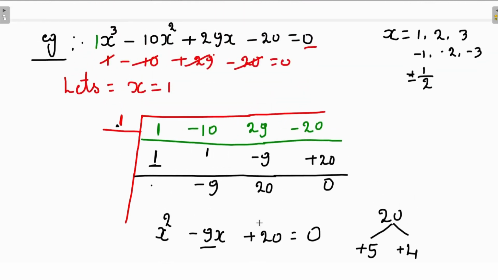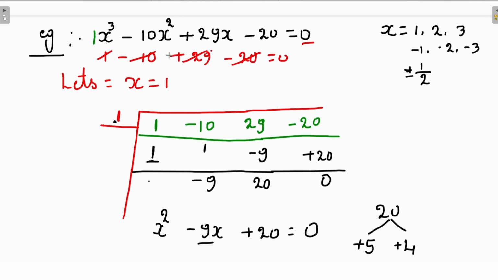Now to verify that, if you add these, I want 10. If I add all the numbers, it should be 10. It is not minus 10, it is 10. For a cubic equation it is always minus; if it is plus, we have to write it that way. I will explain that. So this is 10.